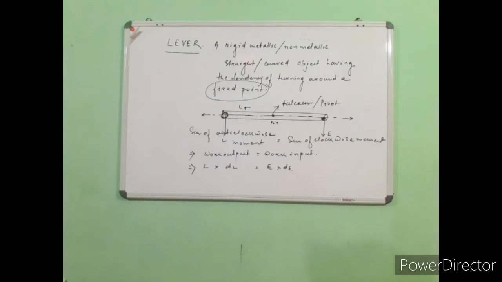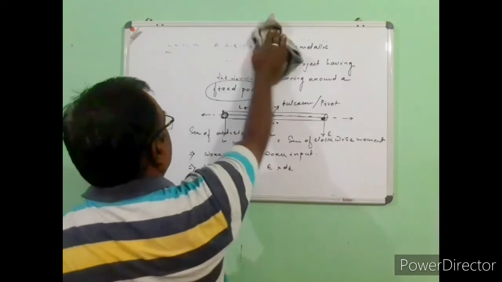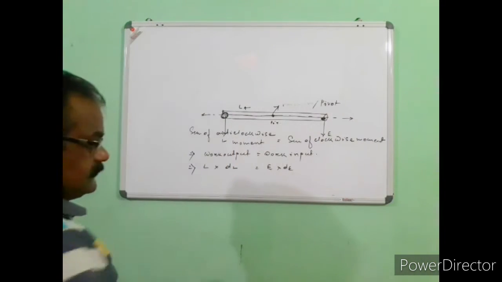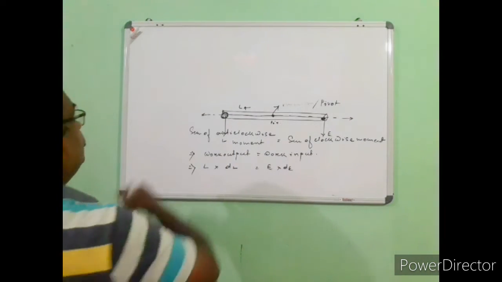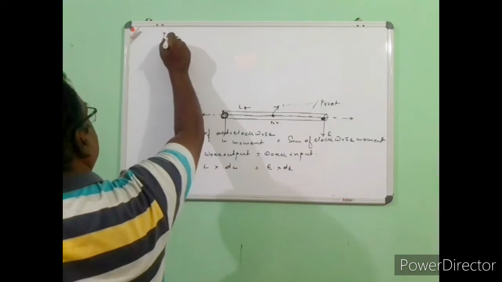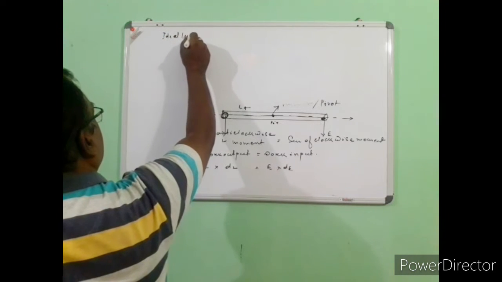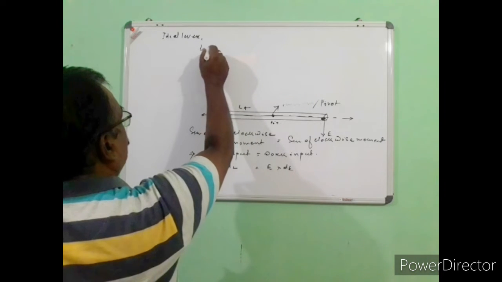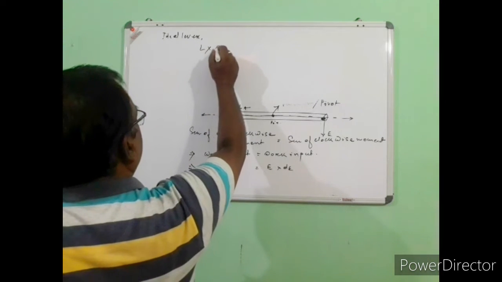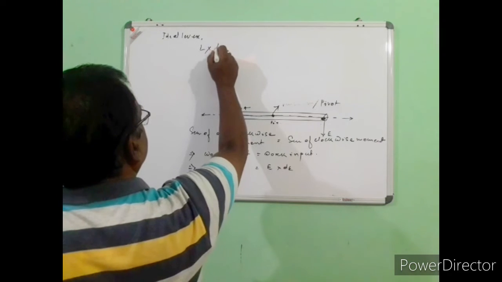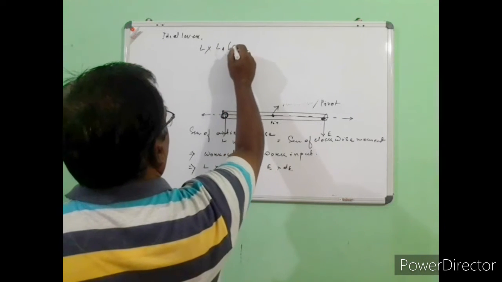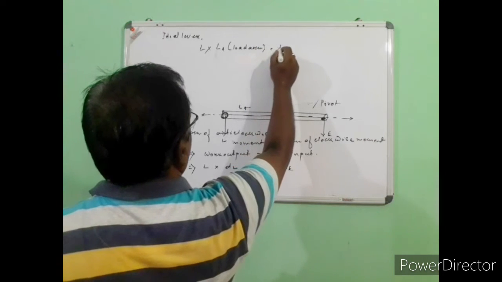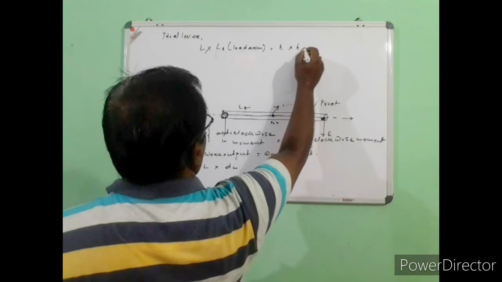So for an ideal lever, the principle says that load into load arm should be equal to effort into effort arm.